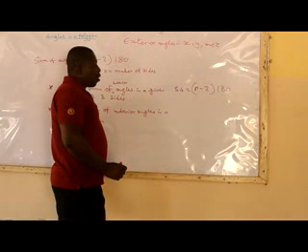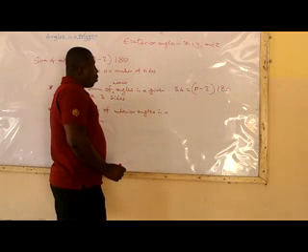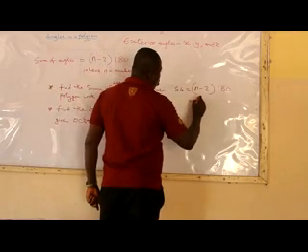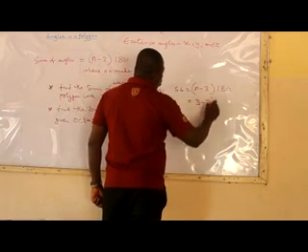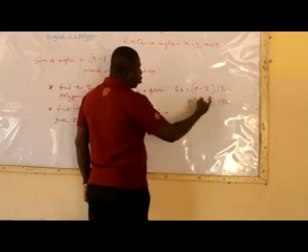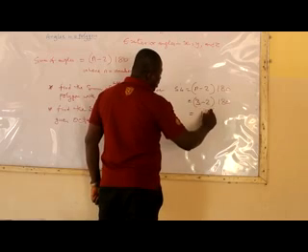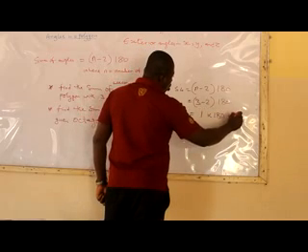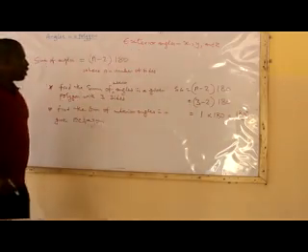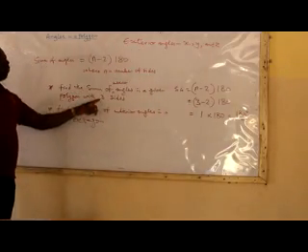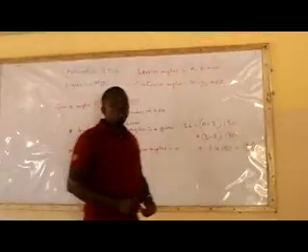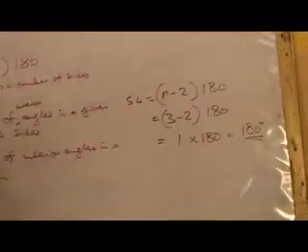Here the number of sides is equal to 3. So this is equal to 3 minus 2 multiplied by 180. 3 minus 2 is 1, and 1 times 180 is equal to 180 degrees. Therefore, the sum of the interior angles of that given polygon with 3 sides is 180. And if you look at the polygon, it is a triangle.